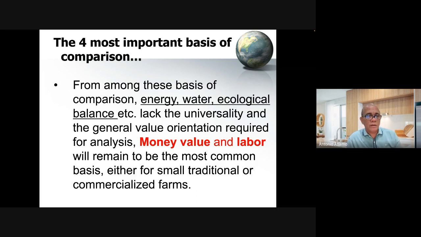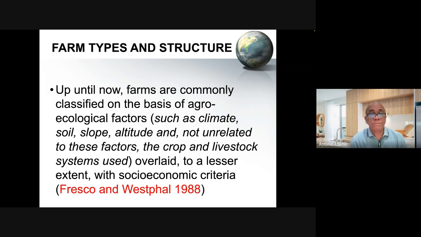And labor, because labor can be converted into a wage rate, and money is money as a value. So for either small, traditional, or commercialized farms, these two are the more prevalent bases in comparing choices for decisions.